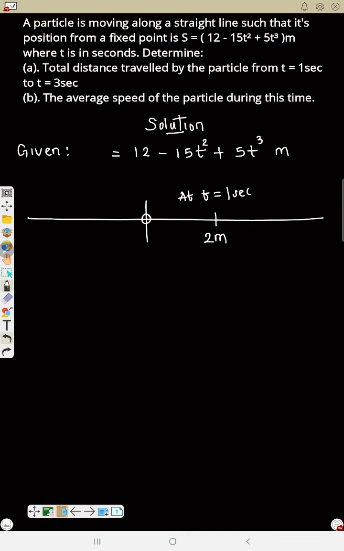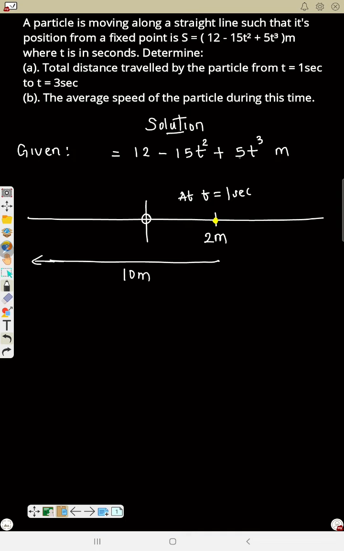So that is the position of the particle from the fixed point. Now the particle starts moving from here. For t equals 2, it moves this way to this point and covers 10 meter.